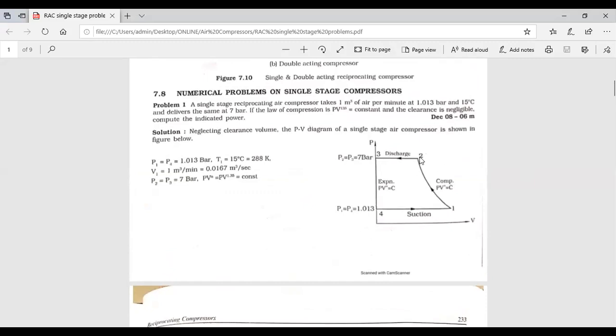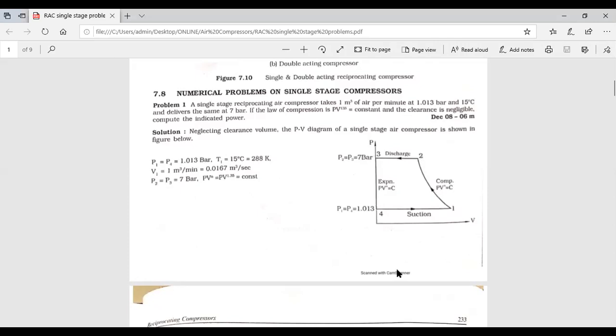P2 and P3 are the same because it is a constant pressure process, whereas P1 and P4 are the same because it is suction, usually atmospheric pressure, as atmospheric air enters the compressor. P1, V1, T1, and after compressing we have the highest pressure. That high pressure air is delivered to the places where it is required. So this is a very simple problem.